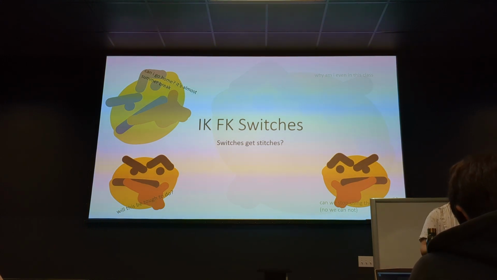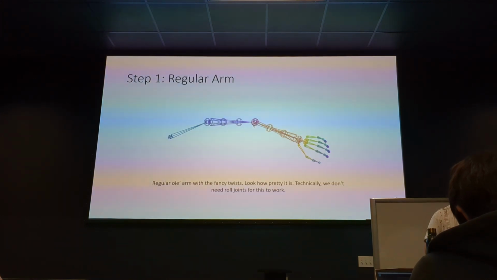So what you need for this to work right is technically just a regular arm. In this example, I have some twists built into that, but we can go back and build those later if we have time to do so. But you really just need one regular arm chain. We have our clavicle here, we have our shoulder, our elbow, our wrist, into all of our other hand stuff. But you just need a regular arm setup.